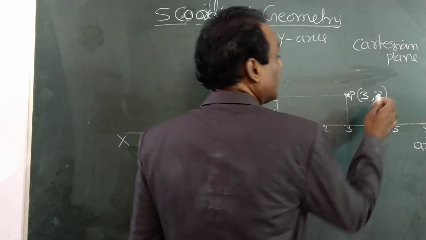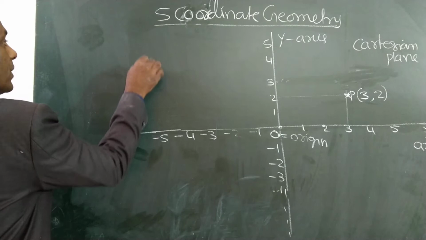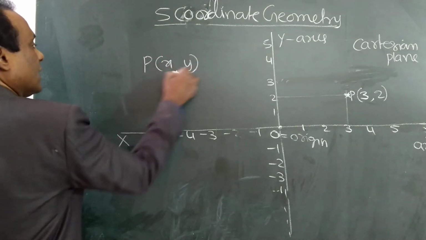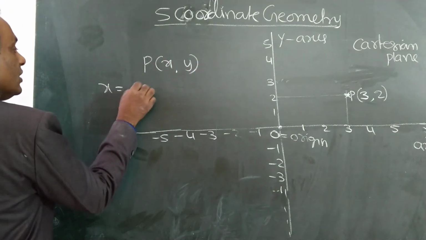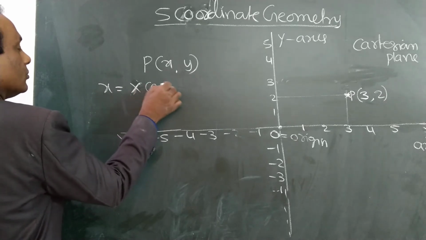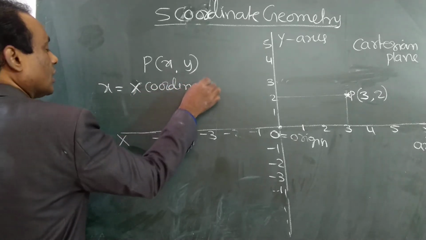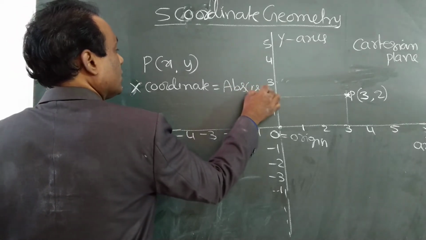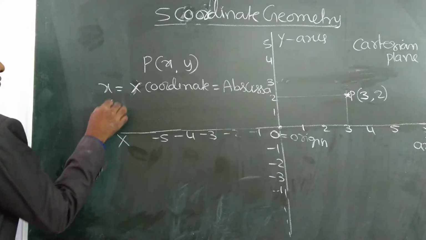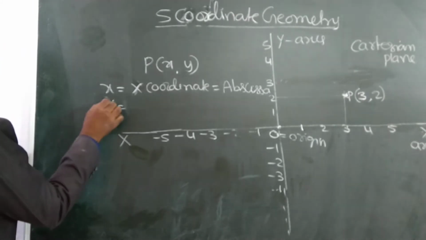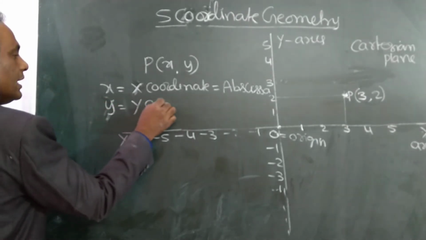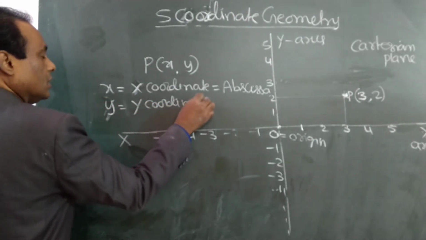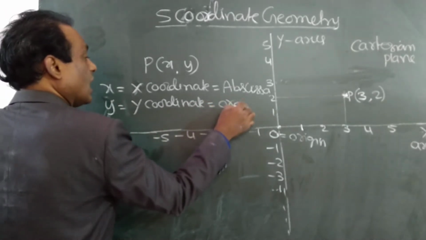If we write it as (x, y), the x is called the x coordinate, also called the abscissa. The y is called the y coordinate, also called the ordinate.